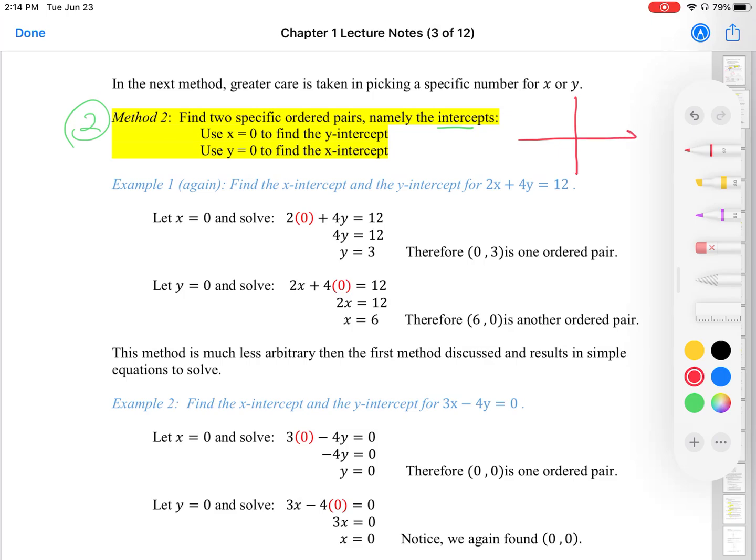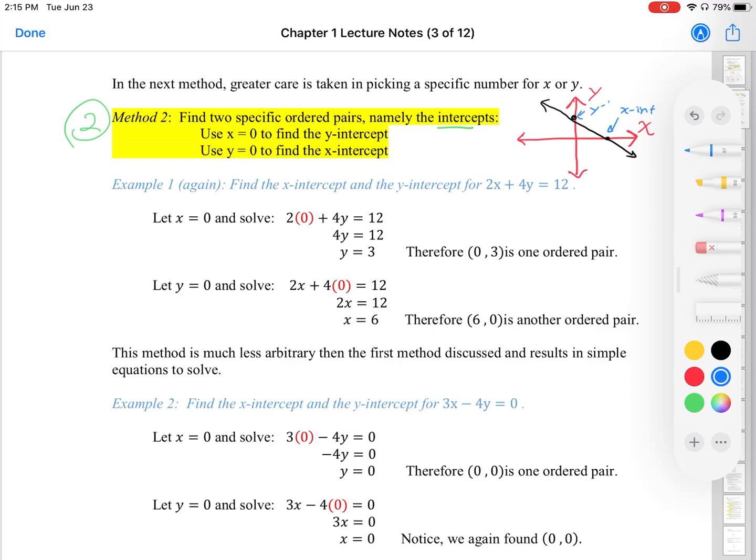It's called many things: Cartesian plane, rectangular coordinate plane, xy axis. The one that goes left to right, horizontally, is your x-axis. The one that goes up and down is your y-axis. So if we have a line, and it crosses the y-axis or x-axis, those are said to be your intercepts. So we have an x-intercept and a y-intercept.